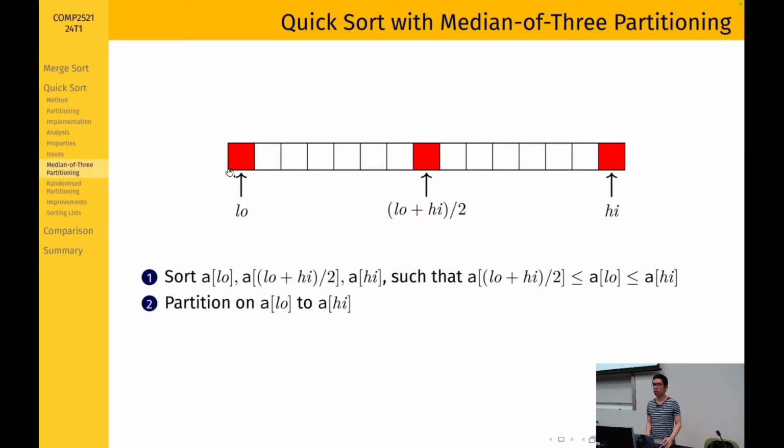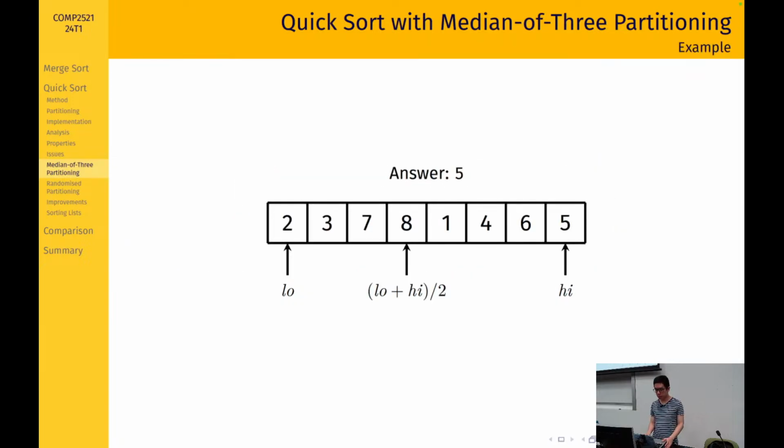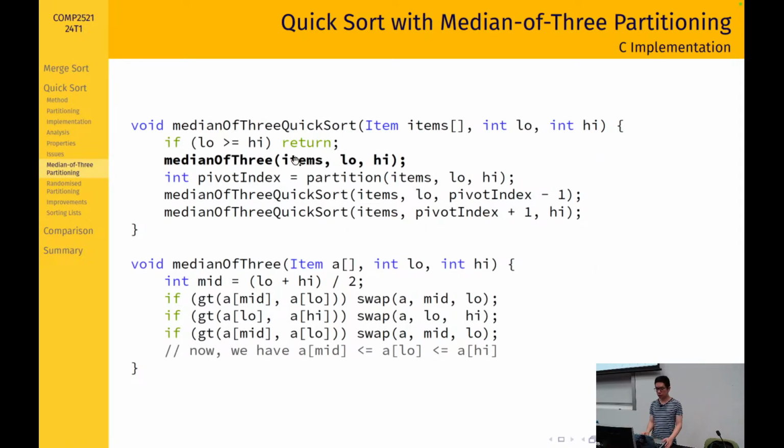Where the other two elements end up doesn't really matter. What matters is that in the low index you have your median. And yes, that happens every time you recurse.